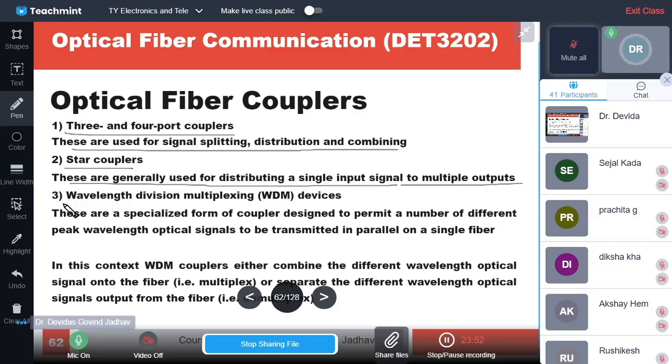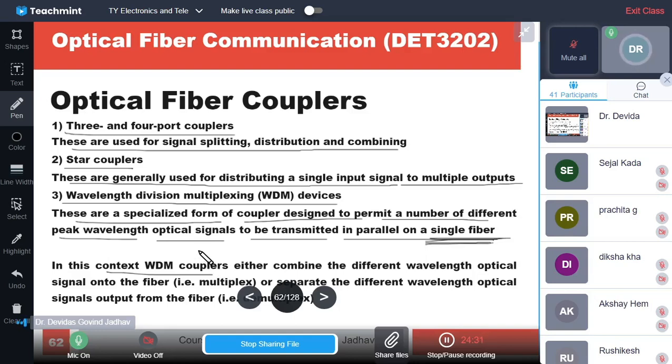And wavelength division multiplexing WDM devices are a specialized form of coupler designed to permit a number of different peak wavelength optical signals, that is lambda 1, lambda 2, lambda 3, lambda 4, to be transmitted in parallel in a single fiber. In the same fiber, multiple signals can be transmitted in parallel. It is a WDM coupler, that is a wavelength division coupler.